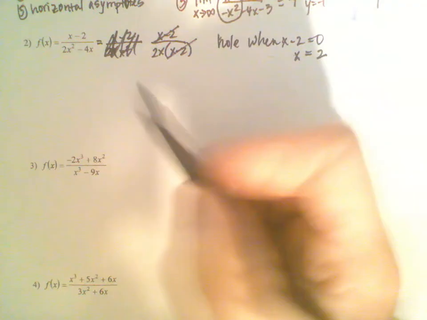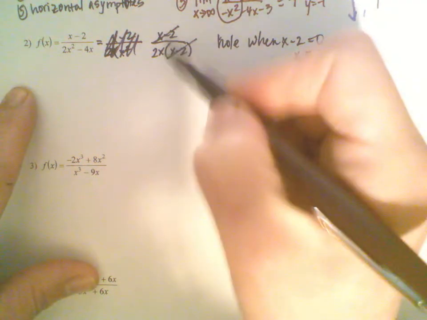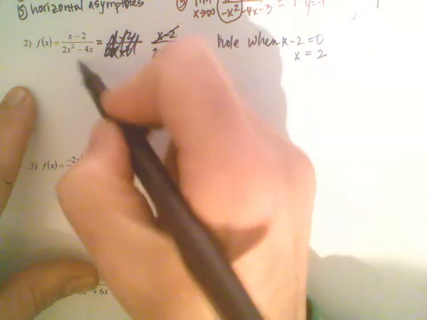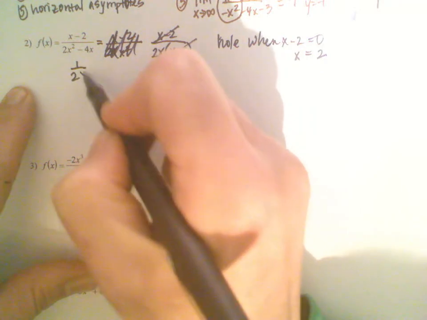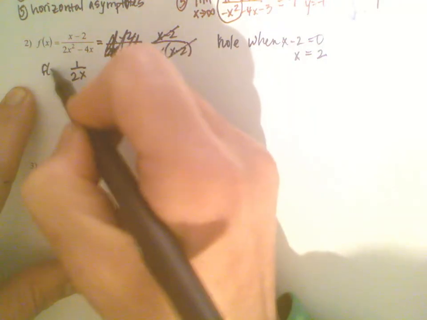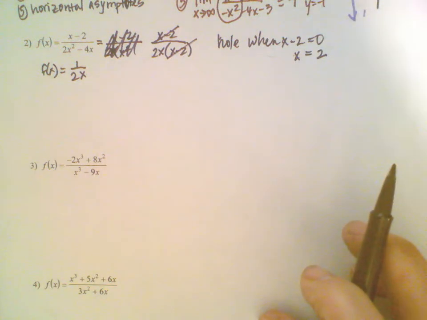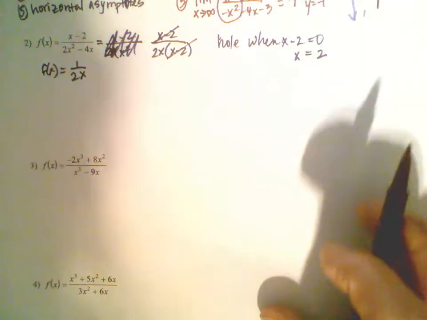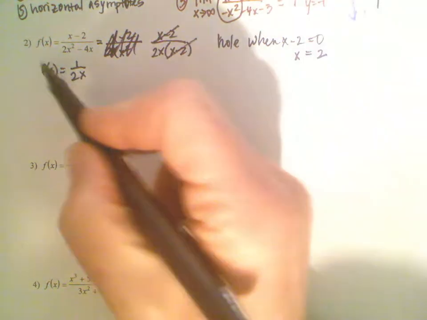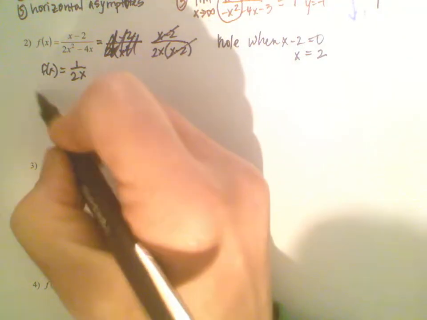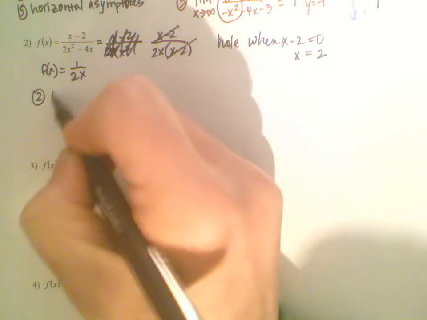Now I'll go through the rest of the process. So I'm left with a function that is just 1 over 2x. That's what I'm left with, and that's what I'm going to use to find my x-intercepts, my y-intercepts, my vertical asymptote, horizontal asymptote, etc. So here we are with step 2, 1 equals 0.